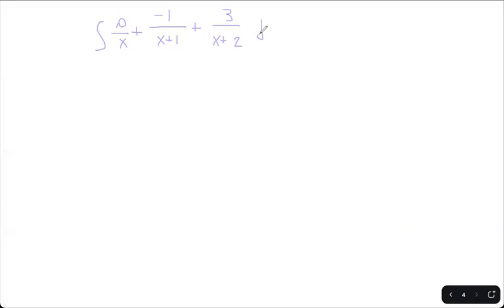So we're good on that. dx. Wow. So 0 over x, what did that become? Well, 0. 0 over any number is 0. So we're just left with negative 1 over x plus 1 plus 3 over x plus 2 dx.